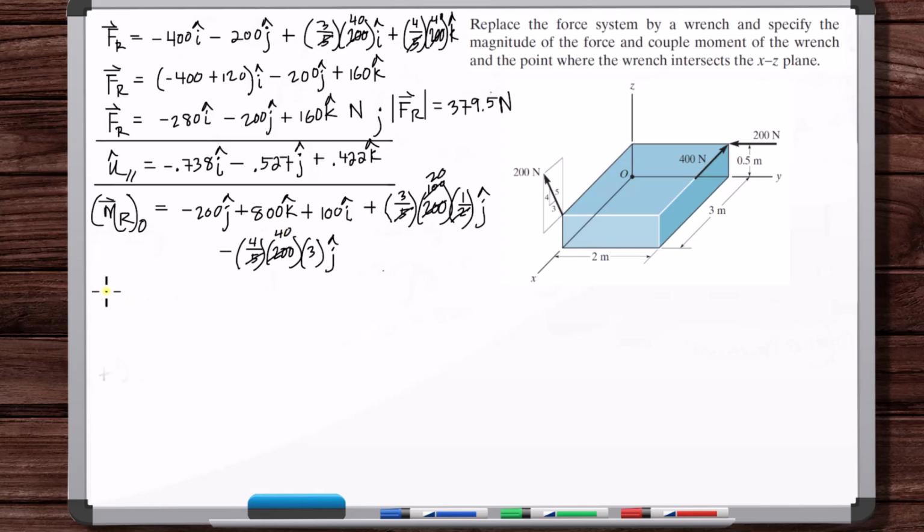All right, 100 I hat plus minus 200, and then we've got plus 60, and then minus 480, and then plus 800 k hat.